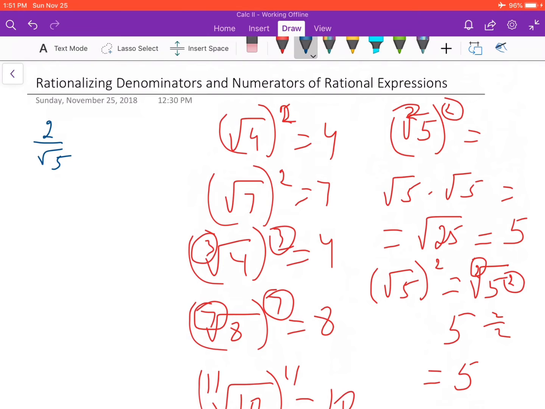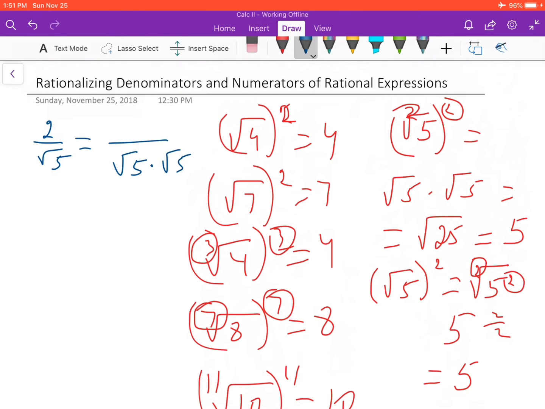So with the square root 5, what do we have to do to get rid of it? We can simply square it, right? Which means it will be square root 5 times another square root 5.